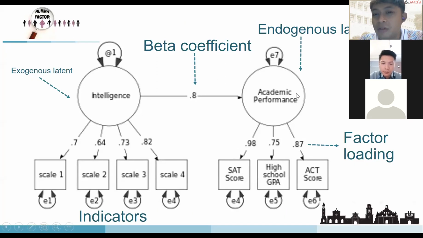Bu Fuji, how do we call the oval or the circle? Academic performance. Yes, but what do we call it? Variable. A variable. The dependent variable. Another one, not that one. Endogenous latent.